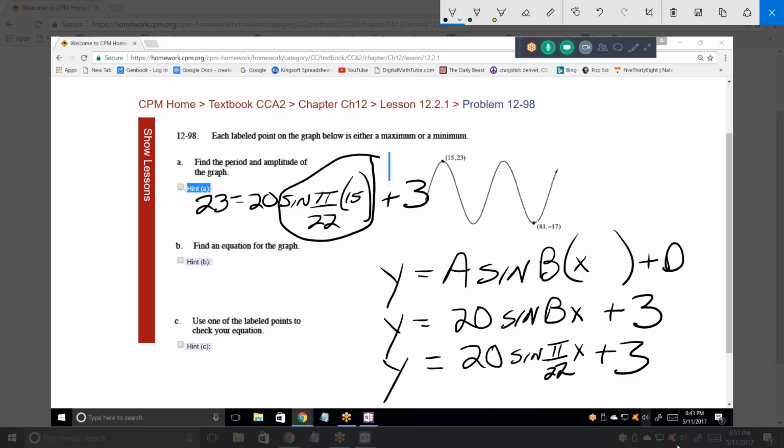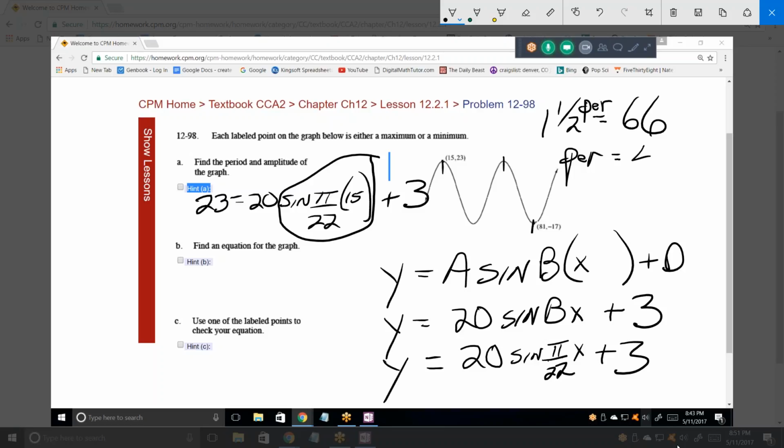Go back and look at the period. The period from 15 to 81 was 1.5 periods. It goes from there to there is 1 period, and that's a half period. So 1.5 periods equals 66. Where am I going wrong? 1.5 periods equals 66. The period is, can you divide 66 by 1.5?